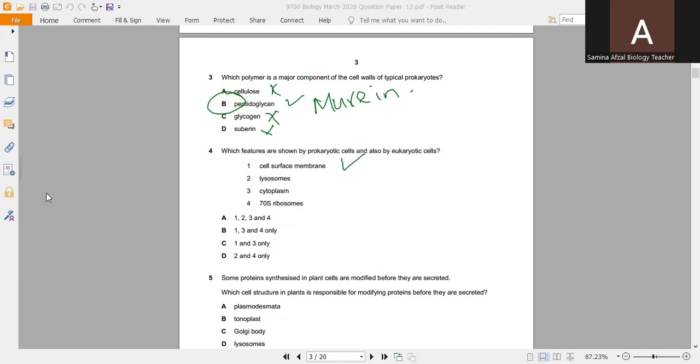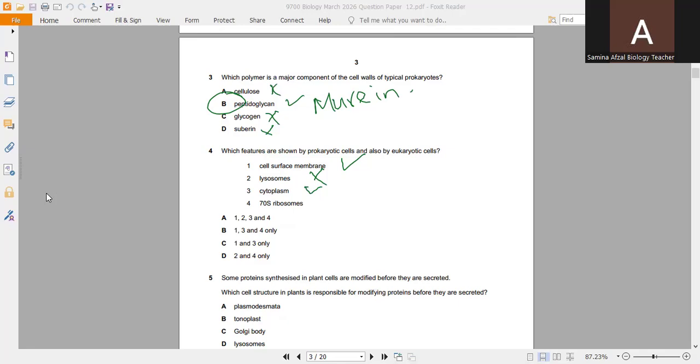Lysosomes are single membrane-bound organelles found only in eukaryotic cells because they contain hydrolytic enzymes, so they are not found in both types of cells. Cytoplasm is again present in all cell types, whether prokaryotes or eukaryotes.